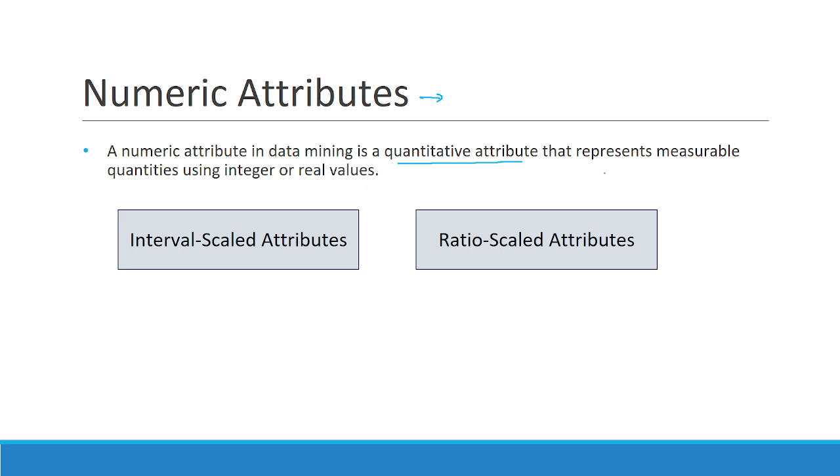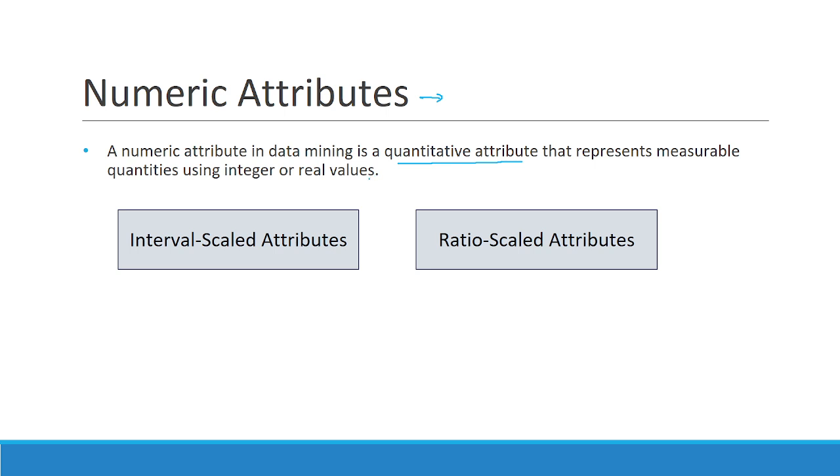So what is quantitative attribute? It represents measurable quantities using integer or real values. Okay, now we came to some numbers. These are the integers or real values, and they are called numeric attributes.